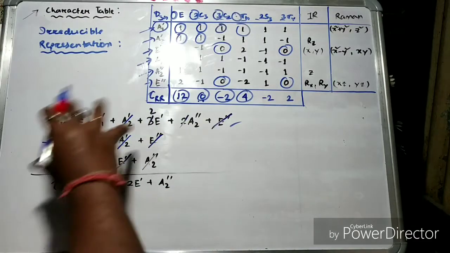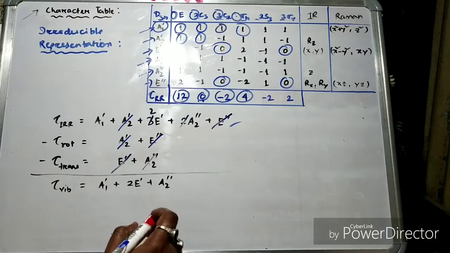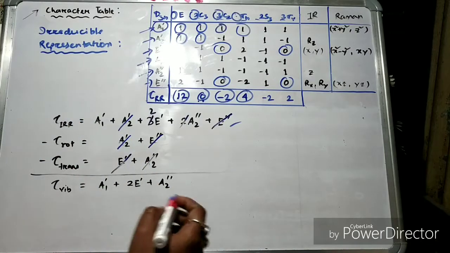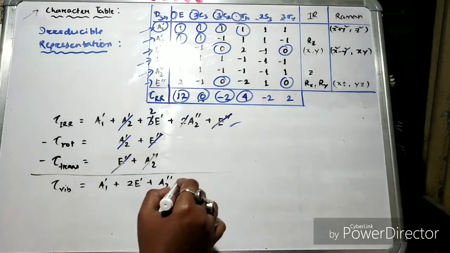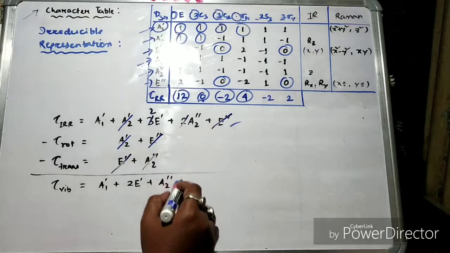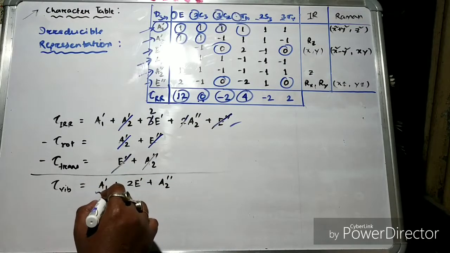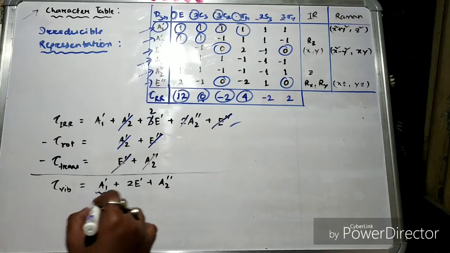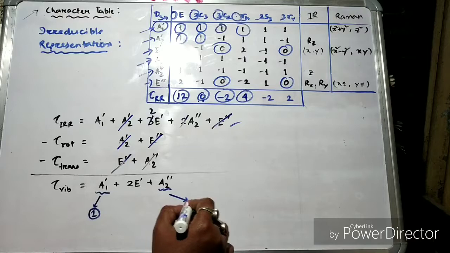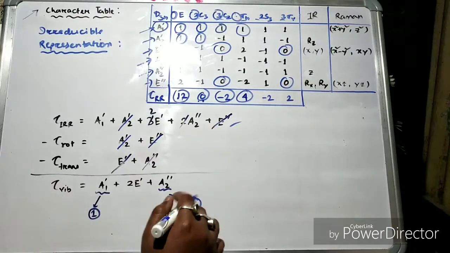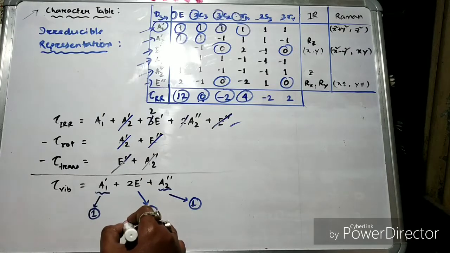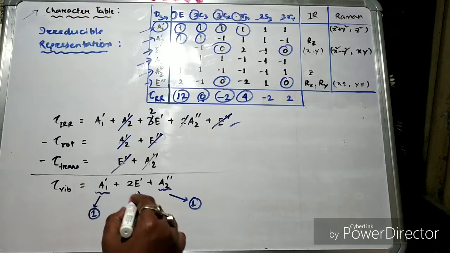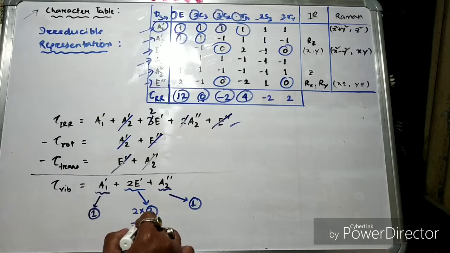So after subtracting the rotational and translational degrees of freedom from the irreducible representation, we will get the vibrational degrees of freedom as A1 dash plus 2 E dash plus A2 double dash, okay. Here A1 signifies 1 because it is non-degenerate, and this A2 will also be non-degenerate, so it will be 1, and this E means it is doubly degenerate, that means it signifies 2, and there is a 2 E dash, so therefore it will be 2 into 2, so it will come out to be 4.